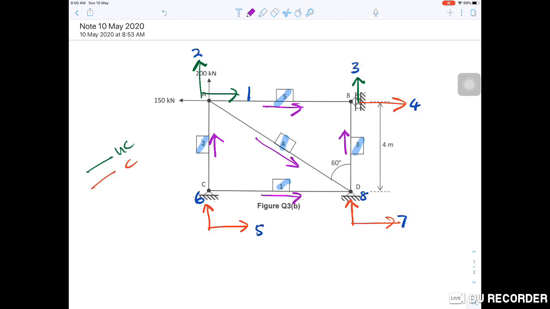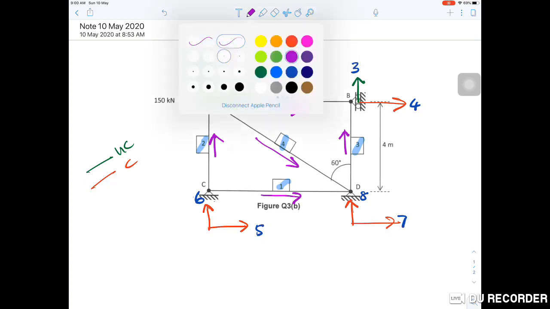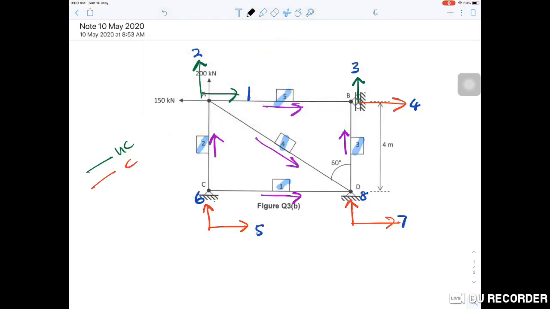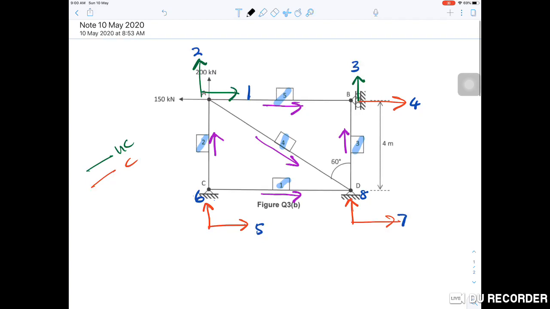Okay, I can put any origin that I like, any direction that I like. Okay, next one I want to put the coordinate. Okay, so I will choose C as origin, so that the rest of the nodes will have all positive coordinates.